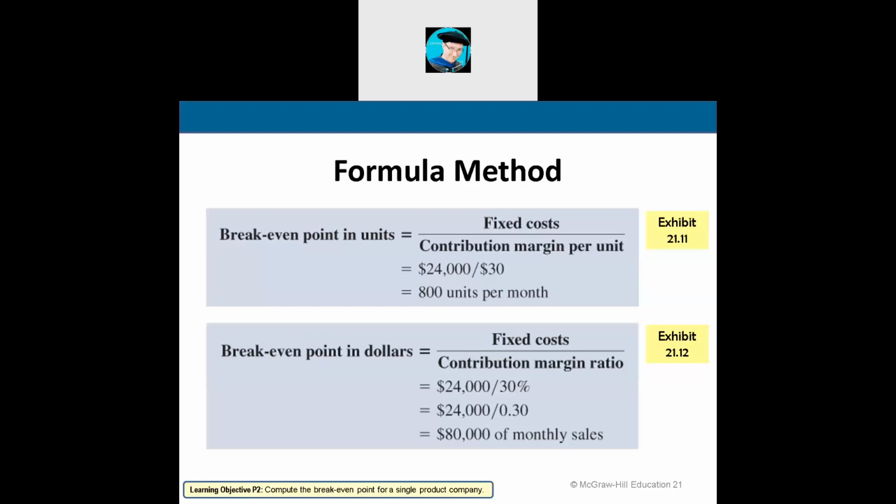Contribution margin per unit is $30 divided by my sales price, $100, gets me to 30%, 0.3, right? Times 100 is 30%. So a fixed cost of $24,000 divided by 30%, or 0.3, gets me to $80,000 I need to sell per month in order to break even.